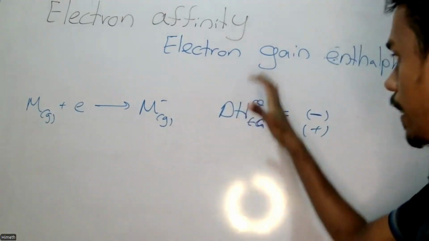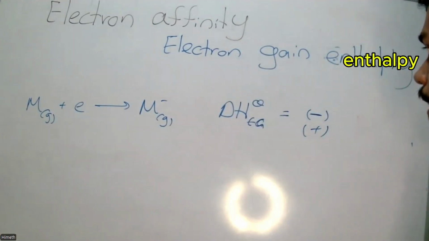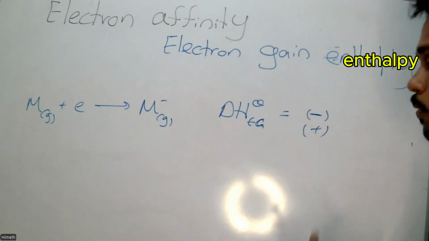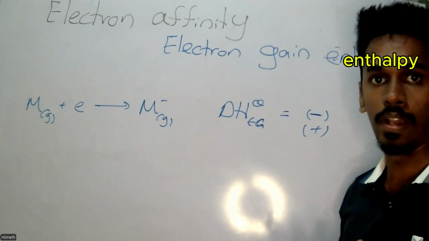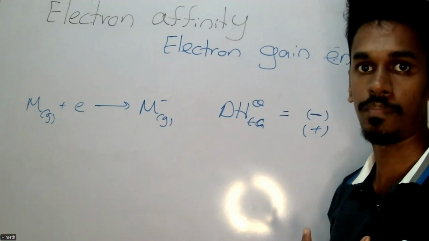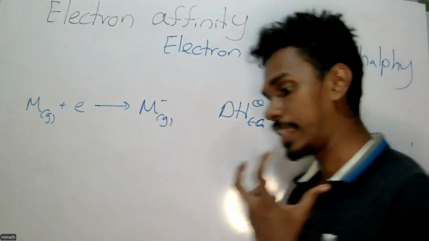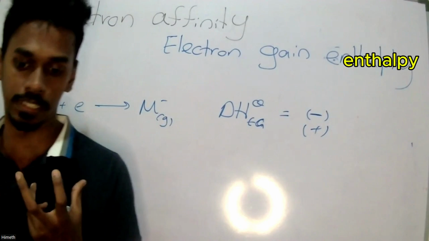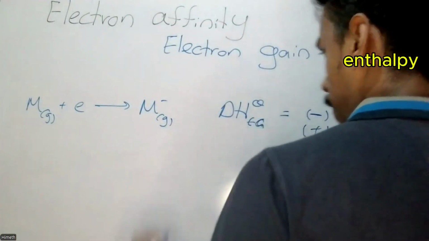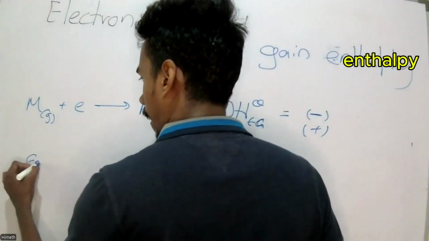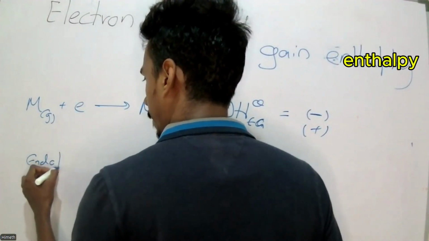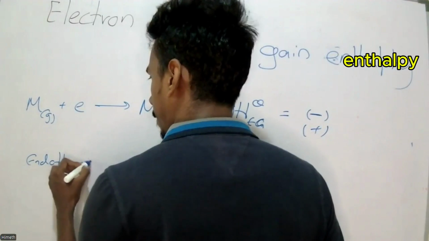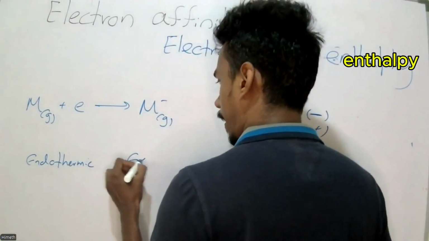That electron gain enthalpy can have a positive value or a negative value. We know if enthalpy has a positive value, it is an endothermic reaction. If enthalpy has a negative value, it is an exothermic reaction. So there will be two types of reactions: endothermic and exothermic.